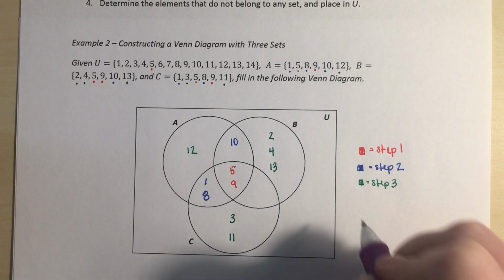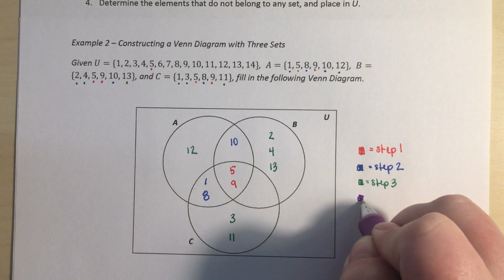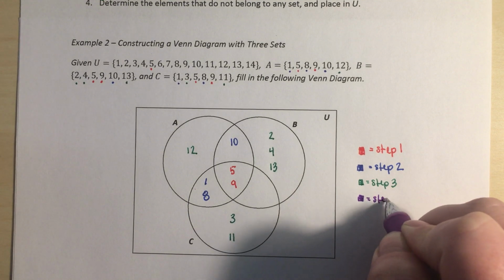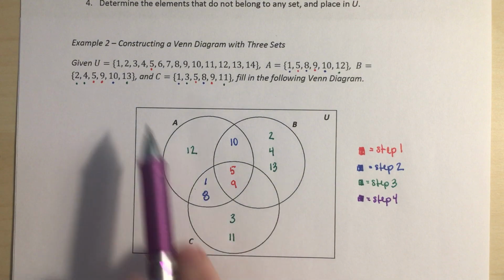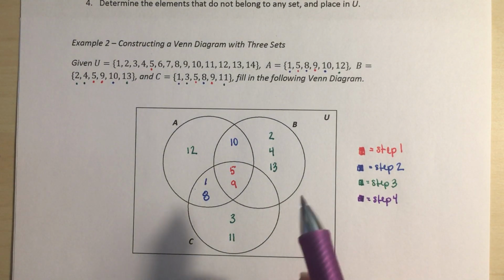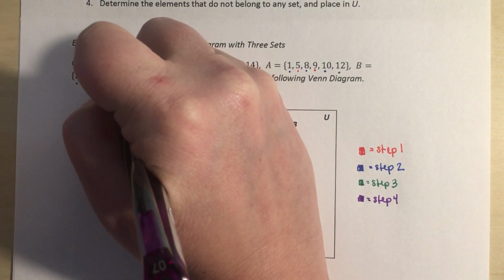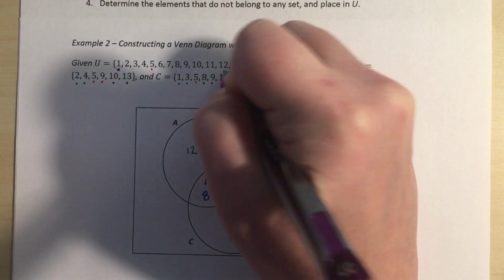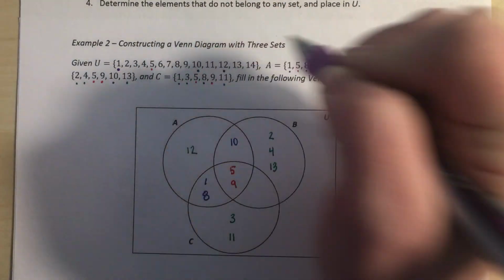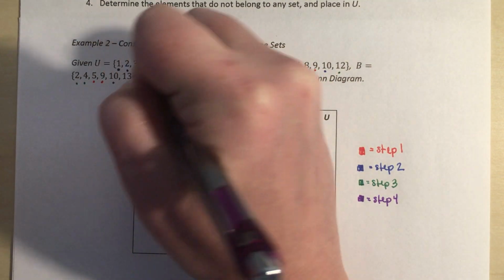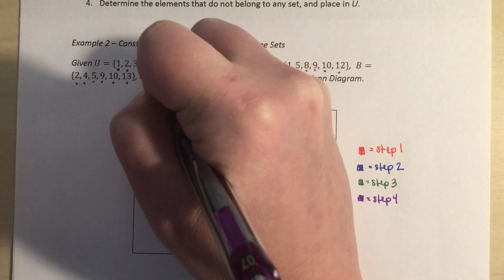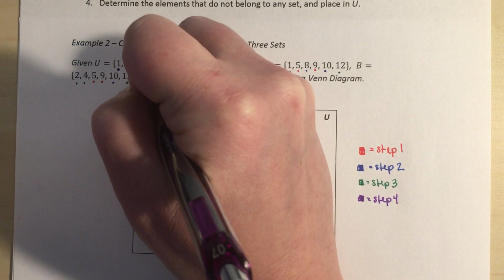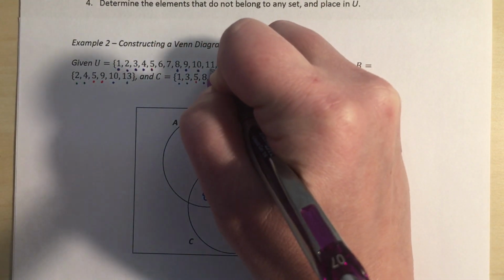And then last but not least, we're going to fill in the outermost portion. What is in our universal set that we have not used? Since I haven't been marking my universal set, I'll mark everything we've used: 1, 2, 4, 13, 5, 9, 1, 8, 3, 11.